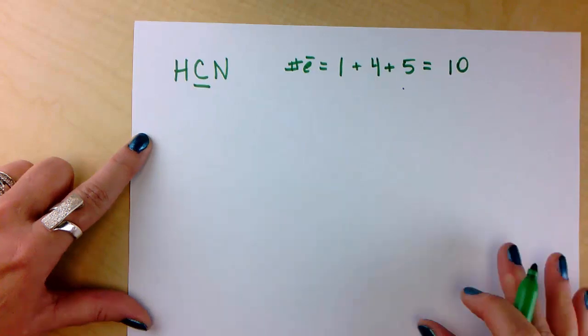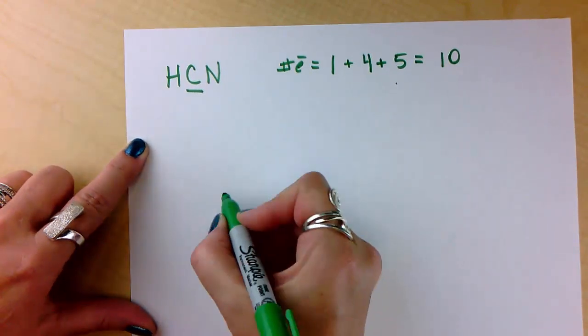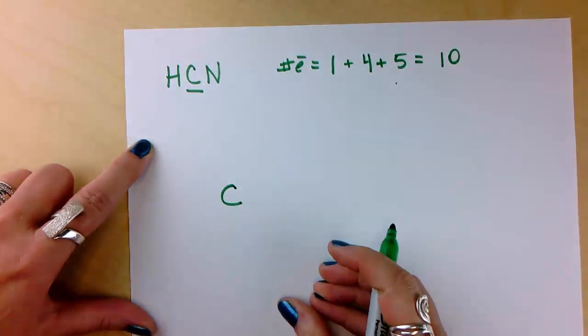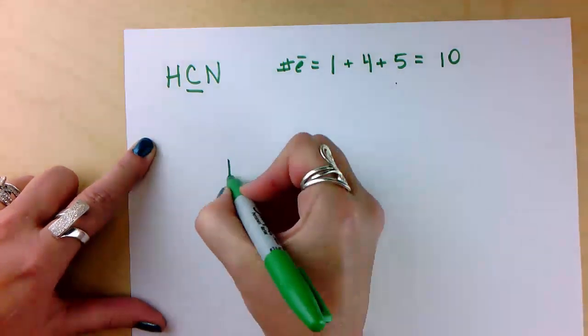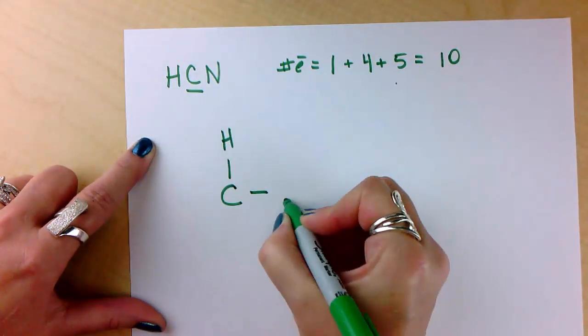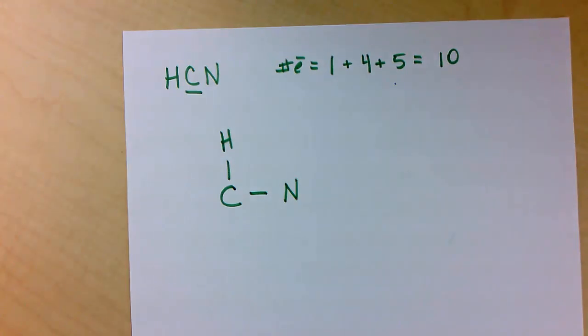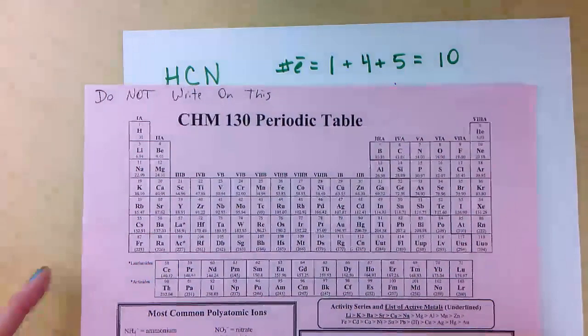Now, let's draw the structure, putting the center atom in the middle, which is the C, and drawing single bonds to the other atoms. So we have an H and we have an N. Now, we need to have everybody with 8, except the hydrogen only needs 2. You may wonder, why does hydrogen only need 2?